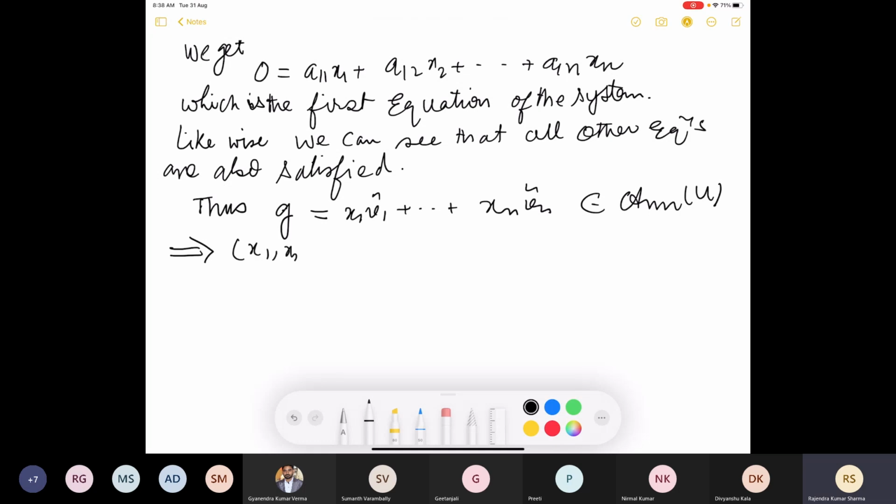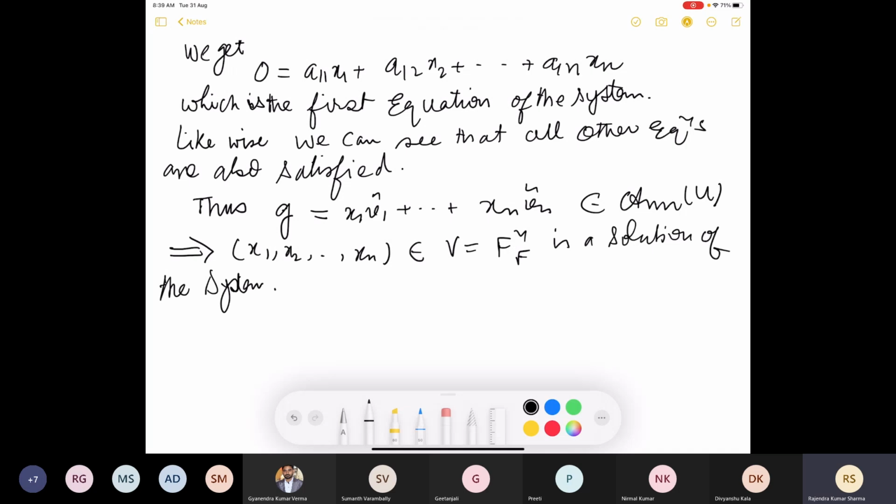Correspondingly, x1, x2, xn in F^n over F is a solution of the system.